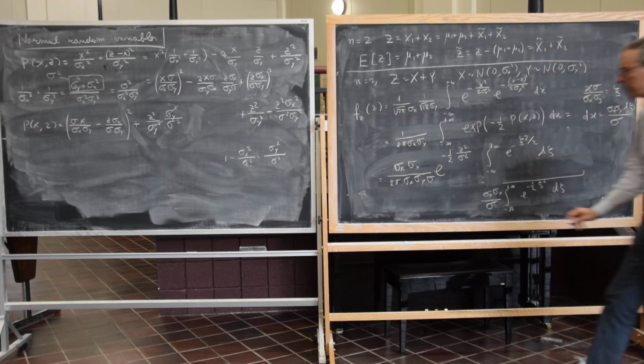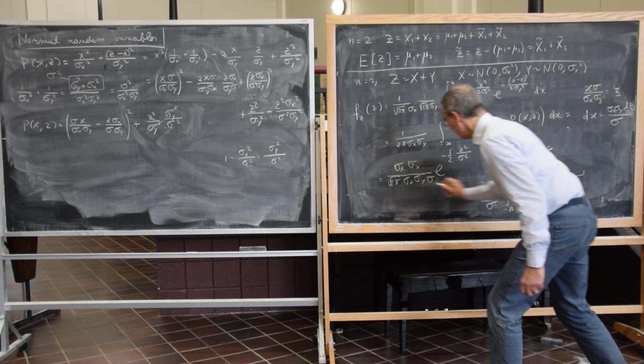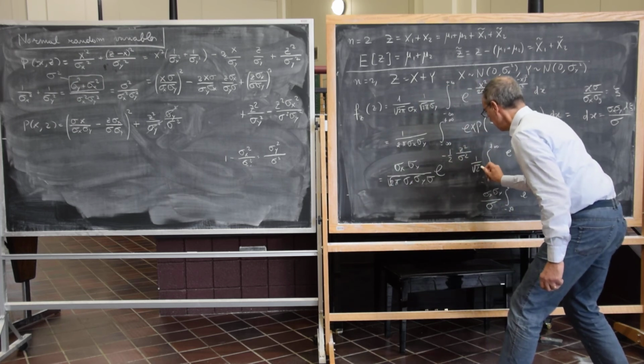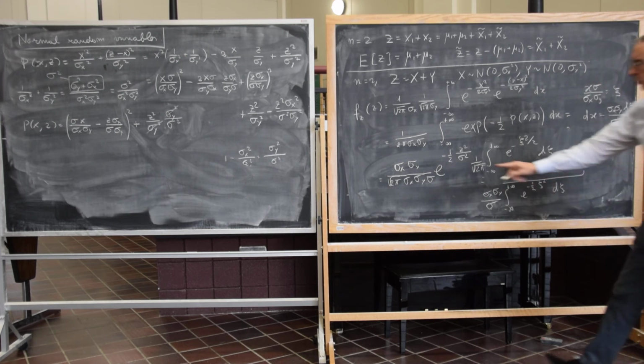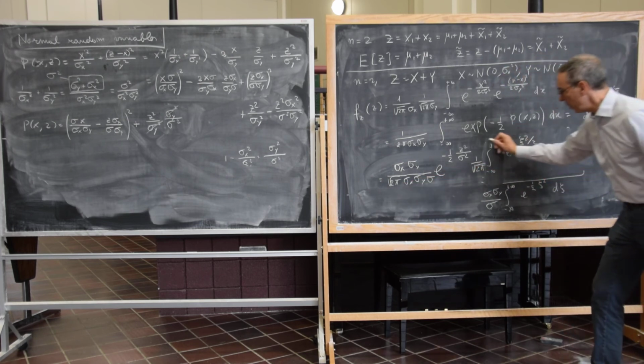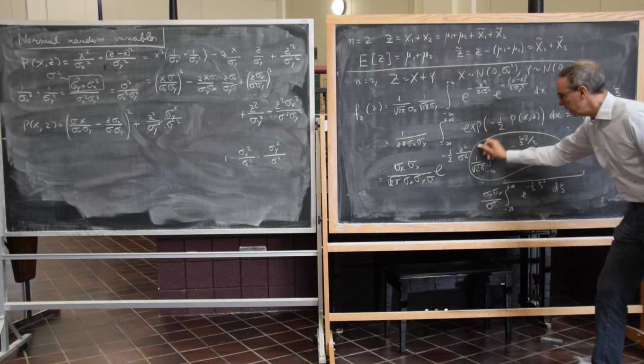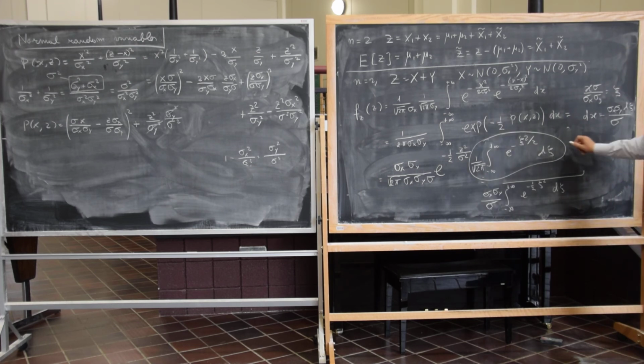Oh, well, wait a moment, I can write it this way. Square root of 2 pi here, square root of 2 pi. But we know that this quantity, we've done it, is equal to 1.